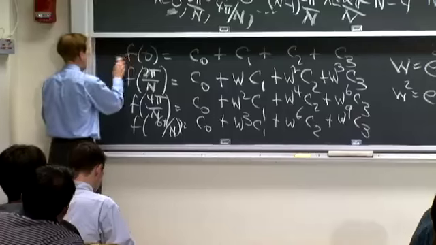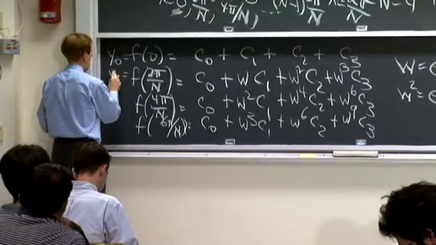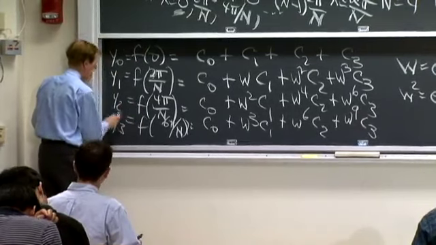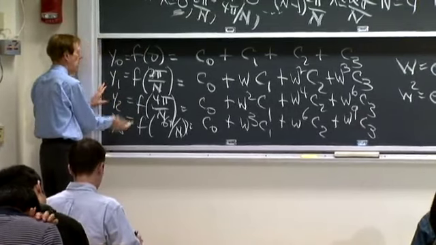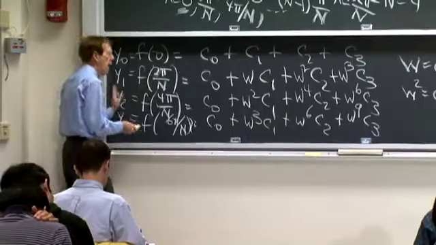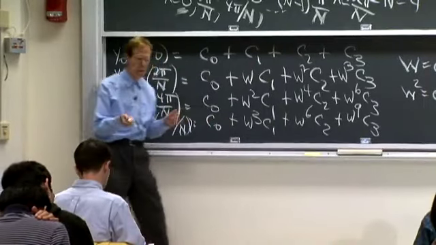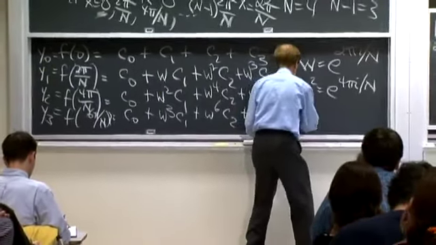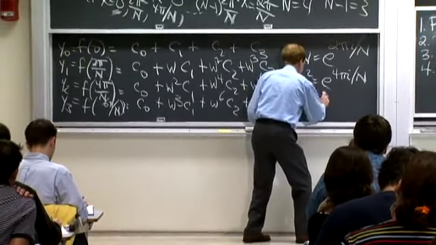Let me call these numbers y0, y1, y2, and y3, so it's a vector of values of the function, and this is a vector of coefficients. So the Fourier transform goes between y's and c's.